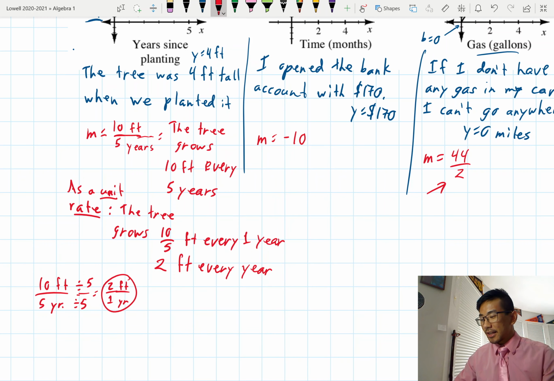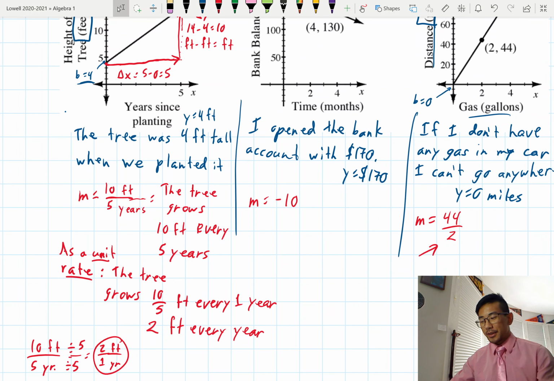This one, if it's -10, well, this one's weird because in units, it would be -10 dollars. I don't know where the dollars would go here actually. Dollars per, as a unit rate, dollars per month.